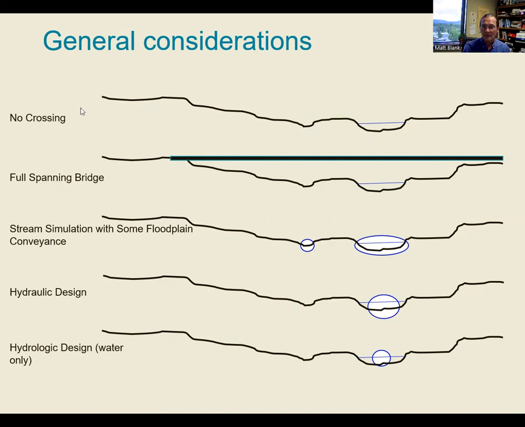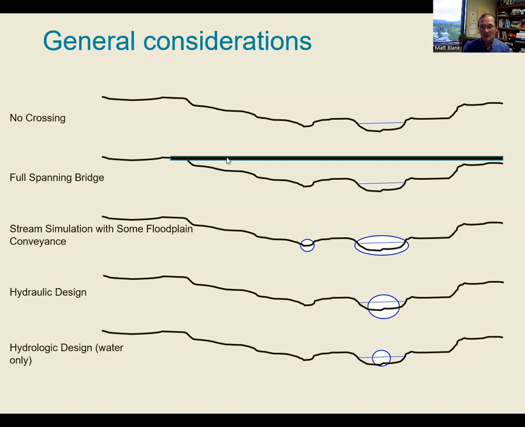Starting off, the first thing that should be considered is whether or not you need to cross the body of water at all. Ideally, if you can somehow avoid crossing that water body, that's the best situation. There are plenty of situations where the designers and the group involved can think about whether there's a way to get around this river or stream without actually crossing.